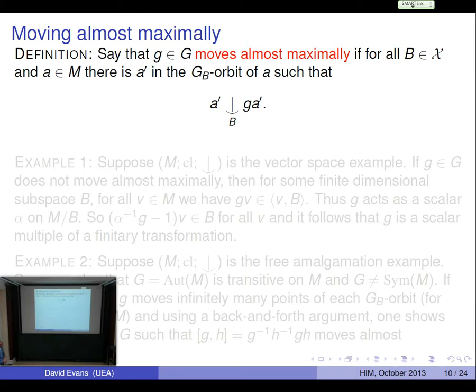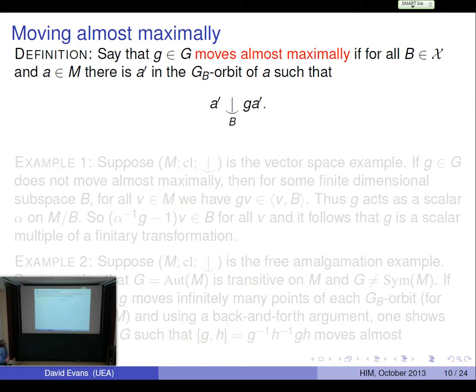We'll say that G, an automorphism of M, moves almost maximally if for all B in X, remember X is the closures of finite sets, and points A in M, there's some A prime in the GB orbit of A such that A prime is independent from GA prime over B. So G moves this copy of A over B to something independent from it over B.